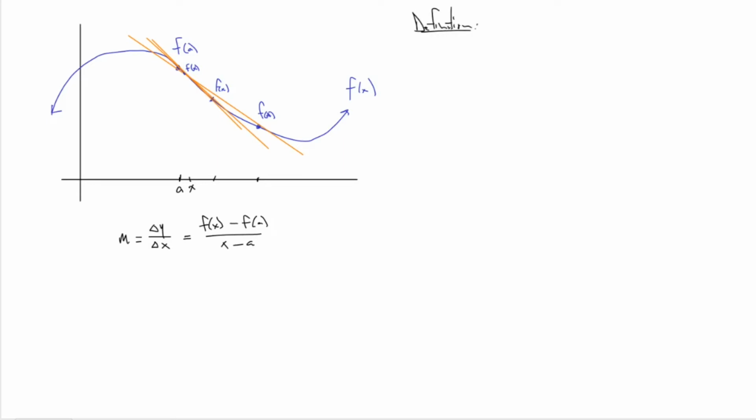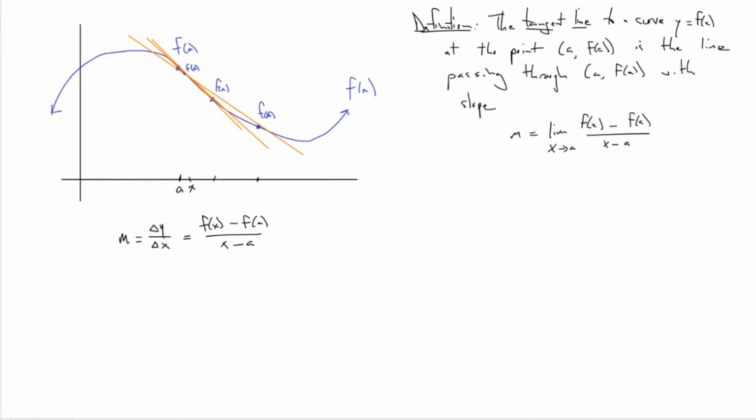And this is where our definition of the tangent line to a curve comes from. It comes from taking the limiting process of these secant lines. And that gives us our definition. We define the tangent line to a curve y equals f of x at some point a, f of a, as the line passing through that point whose slope is the limit as x approaches a of f of x minus f of a all over x minus a.